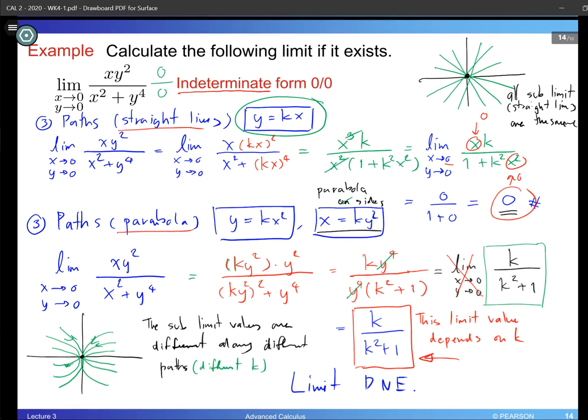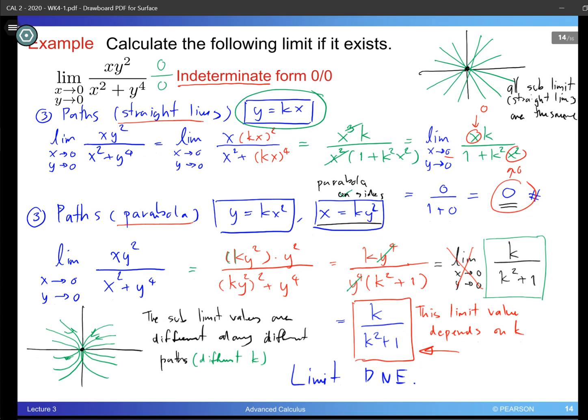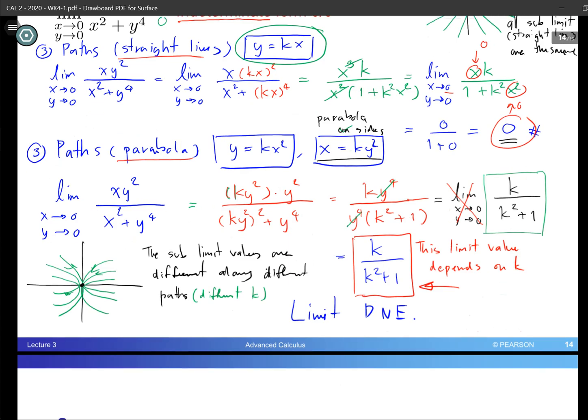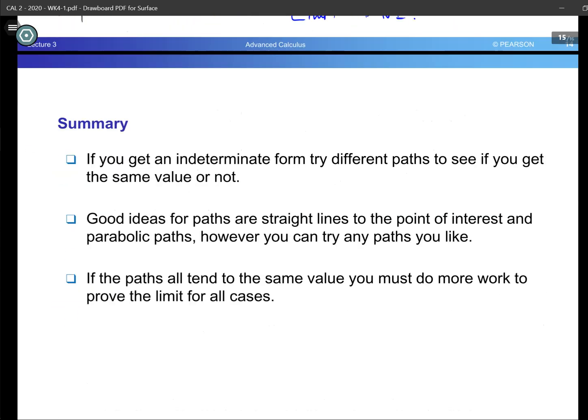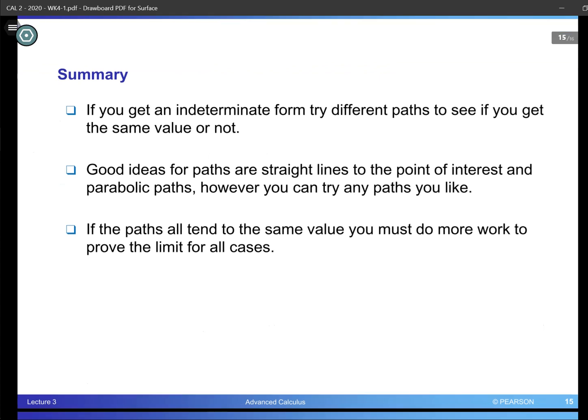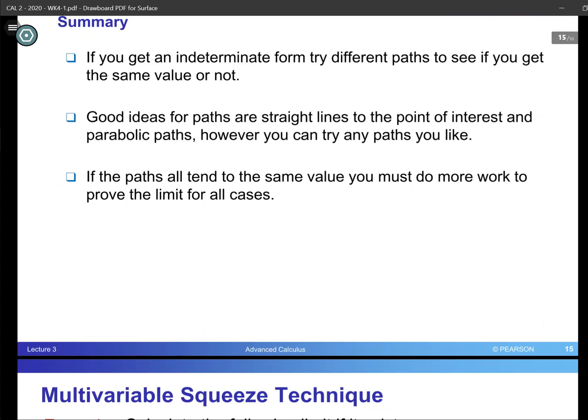Okay, so to conclude on this, sometimes using the straight lines is not enough. You have to try different ways when it comes to approaching the limit. And in this case, we were successful with the parabolas on the side. Now, this summary is about the same thing as what we did, so I'm not going to spend time on that.